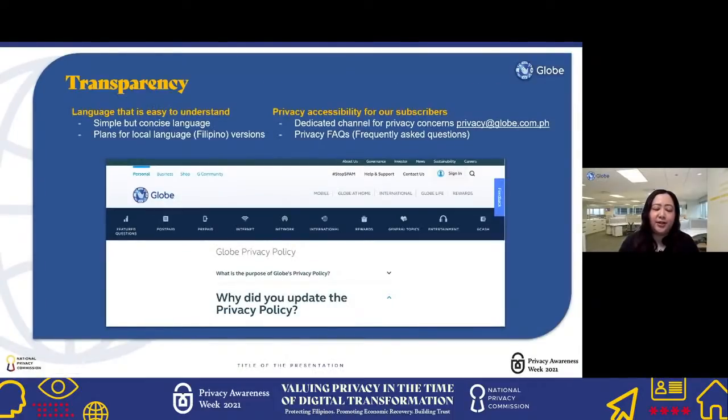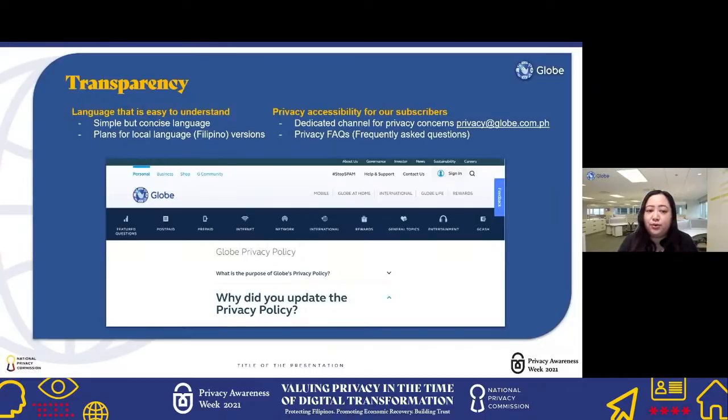All right. So with transparency, it goes beyond keeping our consumers informed. We also believe that there is a responsibility to ensure that they are able to understand the communications that we put out. So it starts with making sure that it's all communicated in a simple language, simple but concise. So simple, it's easy to understand, but concise, that it doesn't compromise the important information that needs to be imparted to them.